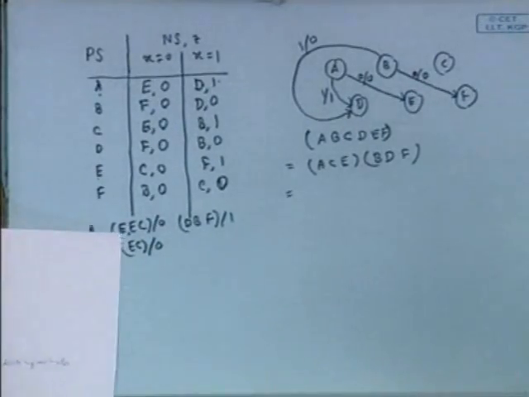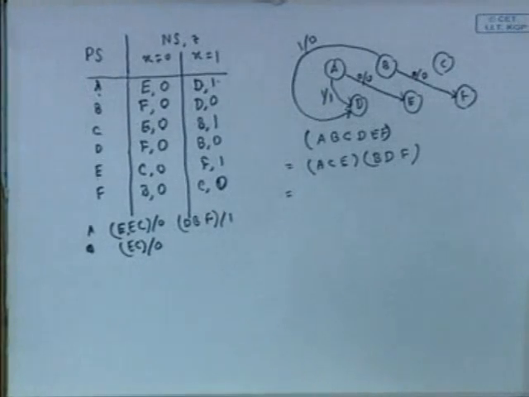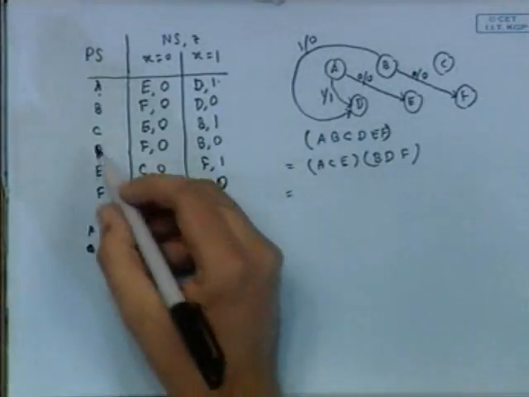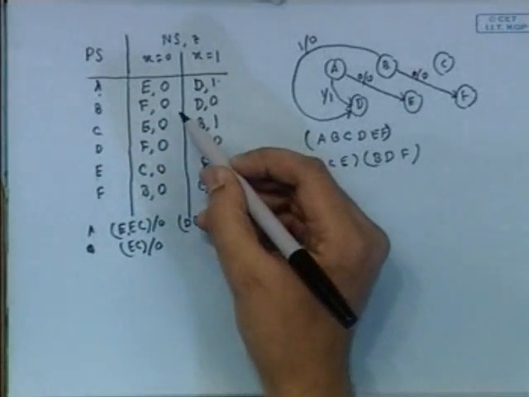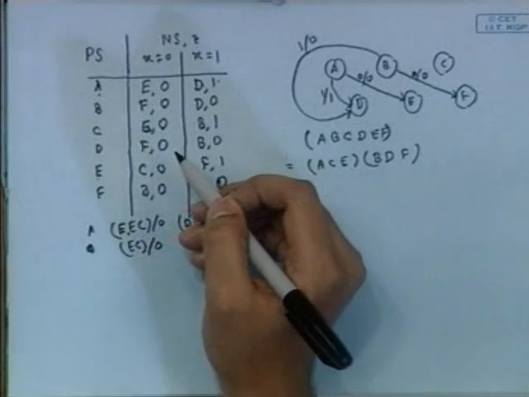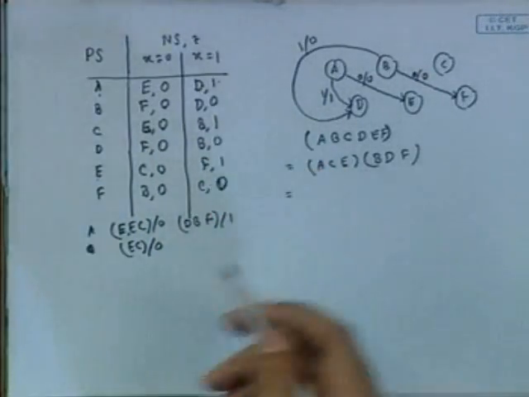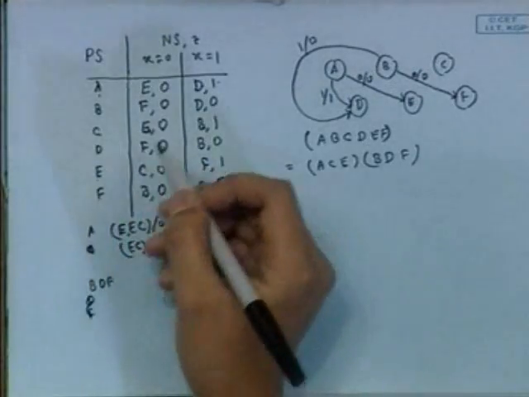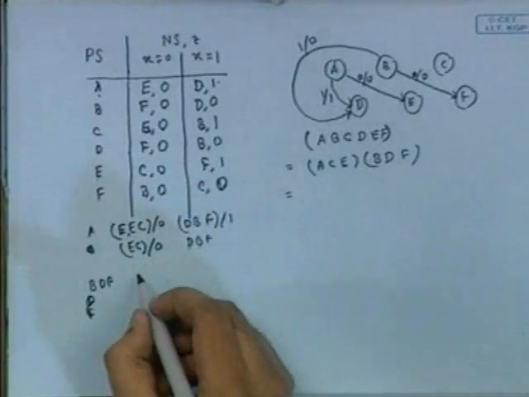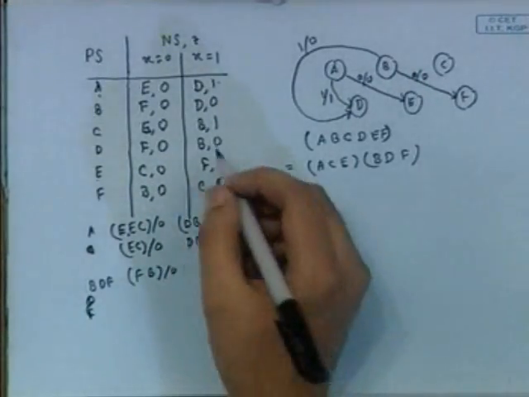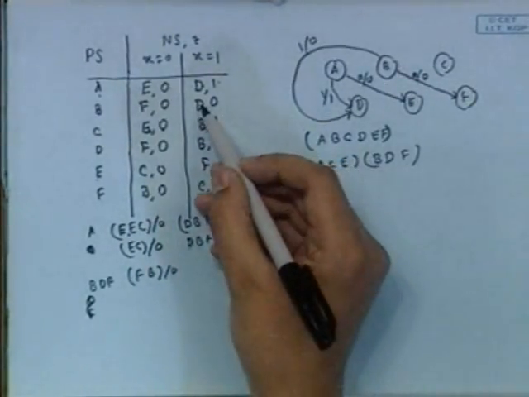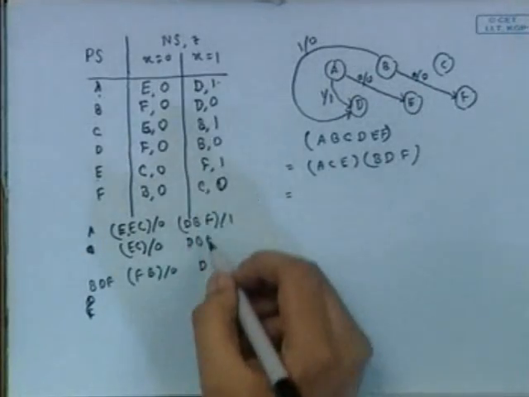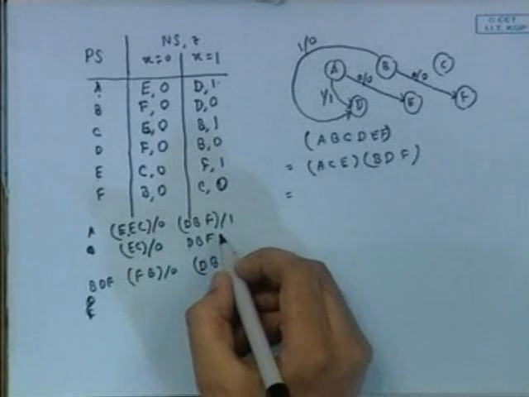I have some mistake again. A, C, C, D, B, F. And for BDF, we go to F, C, F, B with output 0, or for input 1 we go to D, B, C with output 1.